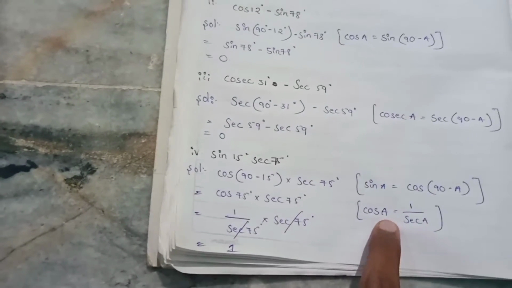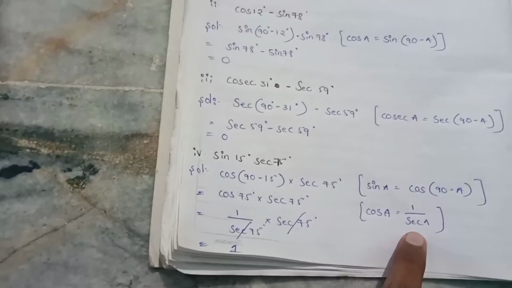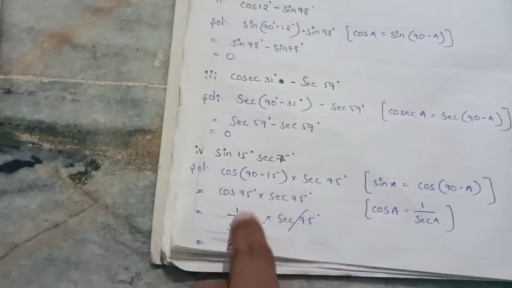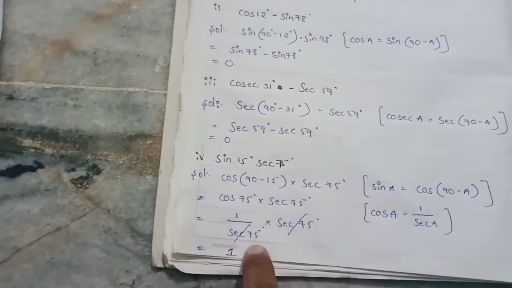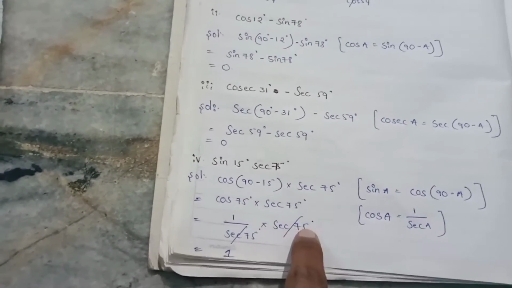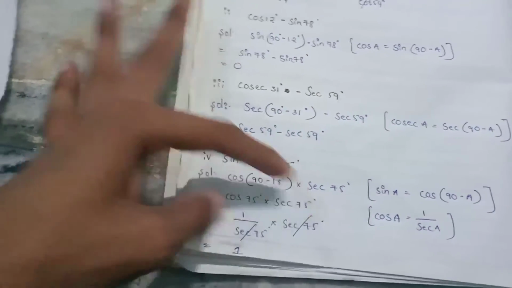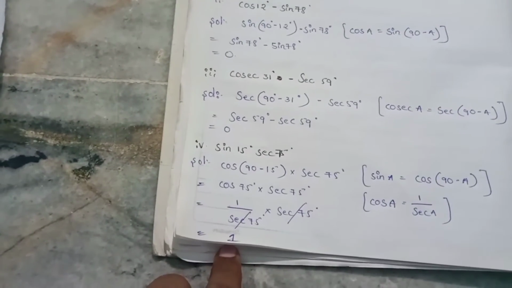What is a value here? 75 degrees. 1 by sec a, what is 1 by sec a? 1 by sec 75 degrees, into sec 75 degrees. Now you can observe that these two are equal. So cancelling, what do we get here? 1.